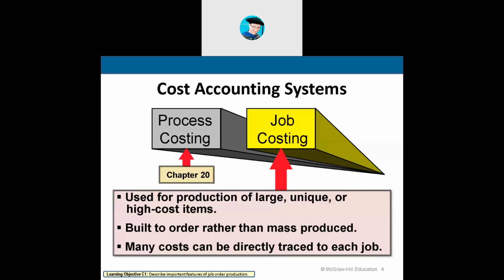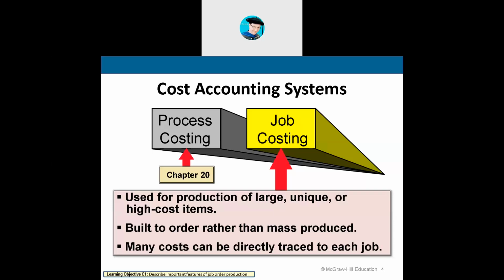Okay, so Toyota says, okay, great. Let's build Dr. B the truck. That's a job order. The job is building the truck, and it's based on the customer's order. That's why we call it job order. Job order costing. That's what we're going to talk about today.